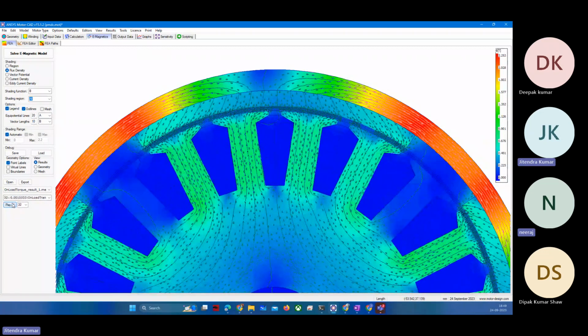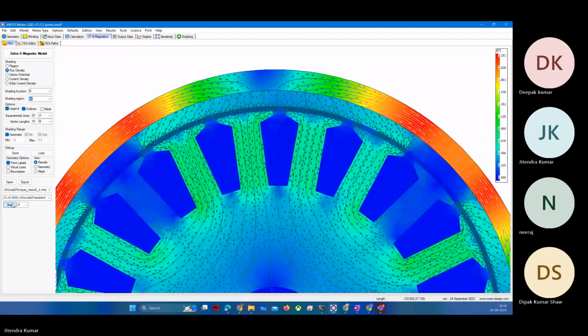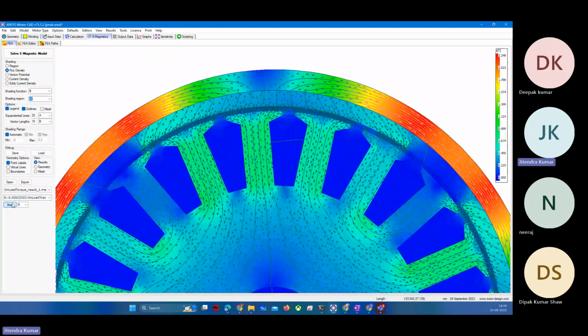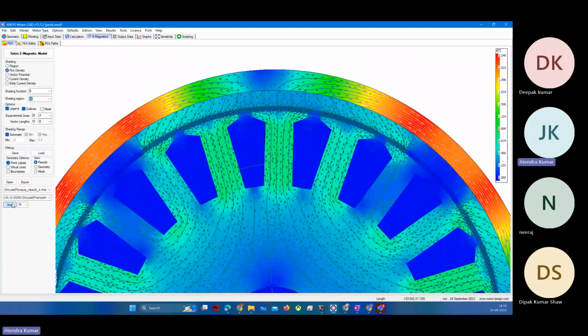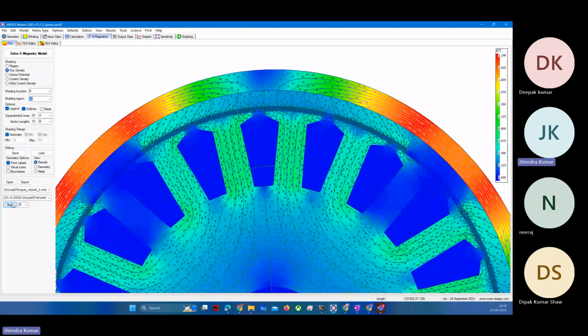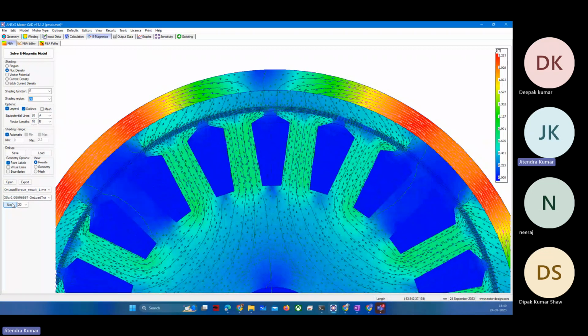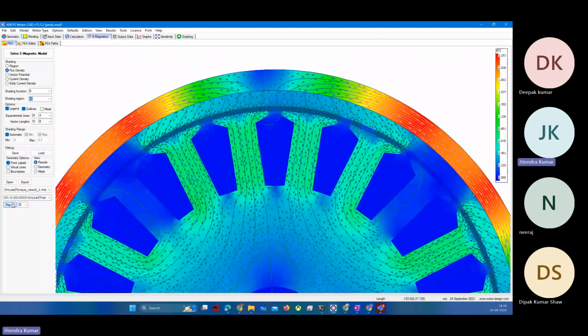After providing armature MMF, still the flux paths are steady. So that's how our constant torque will be produced. But some variation in leakage fluxes you might be able to observe during the rotation. So they are there.